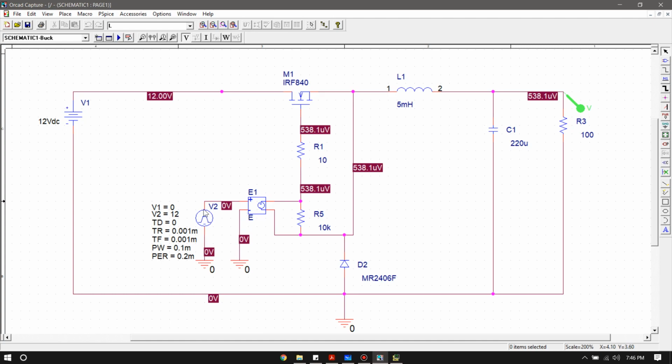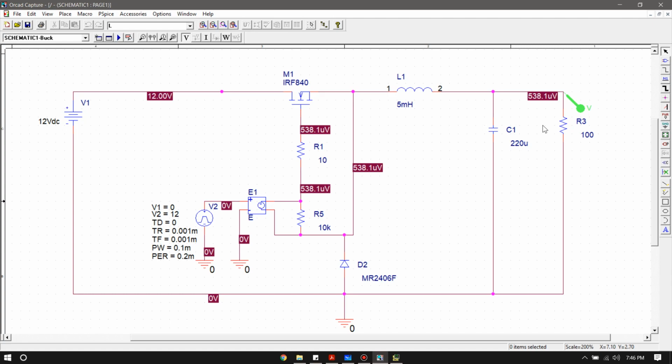We can put the pulse into one input and the ground into the other input, and then this node is connected to the ground, so we can get the pulse voltage across the gate and source terminals of the MOSFET. That is the reason we're using a voltage controlled voltage source here.